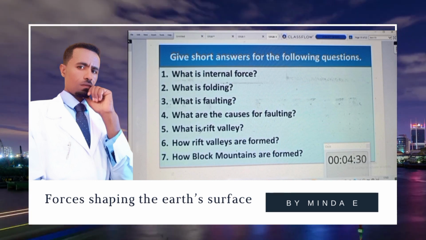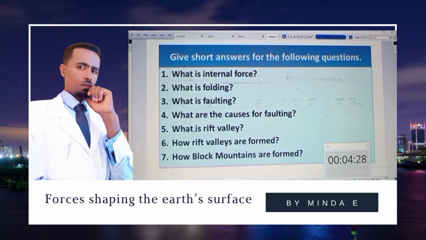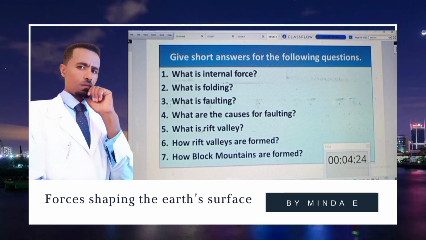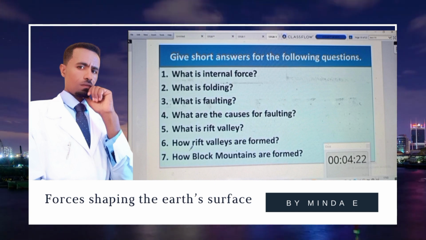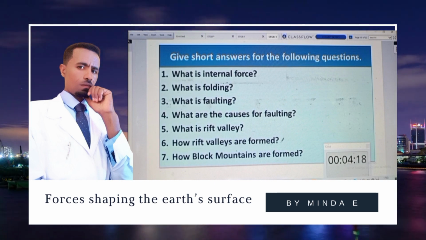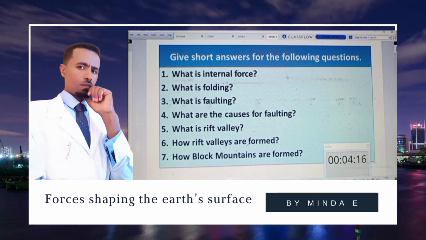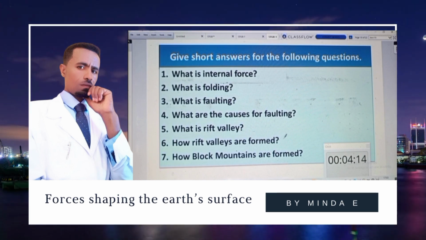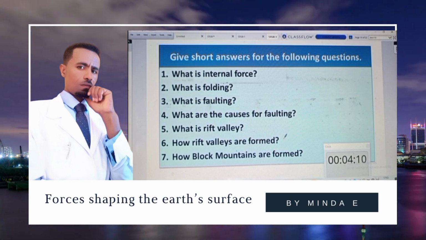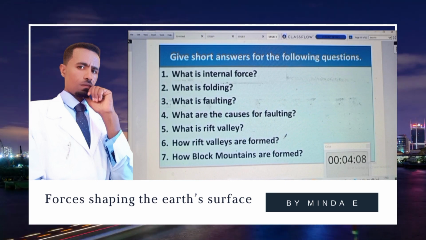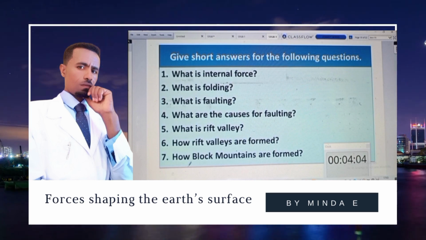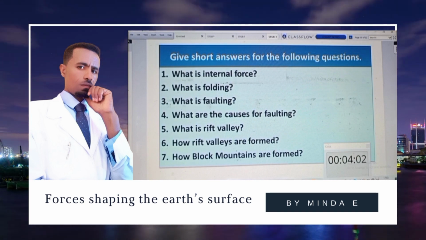We have already discussed it, and you have to define what is meant by Rift Valley, and the formation of Rift Valleys, how Rift Valleys are formed. So you are expected to explain the formation of Rift Valleys, and finally how block mountains are formed.